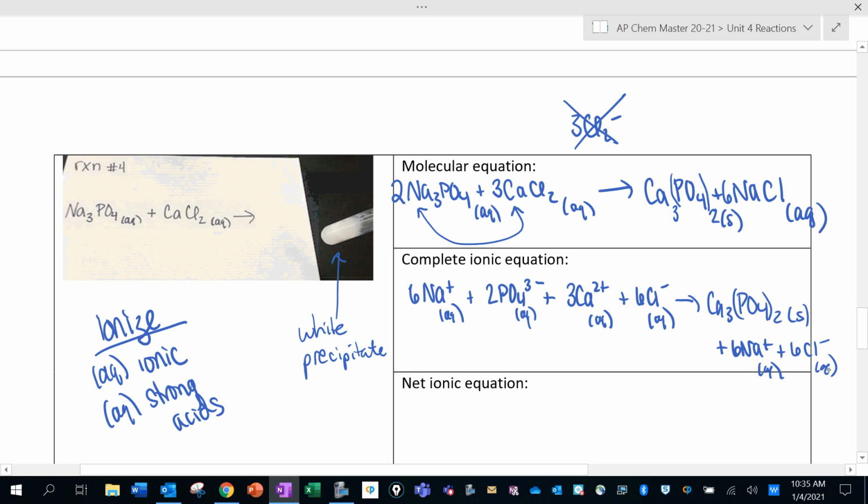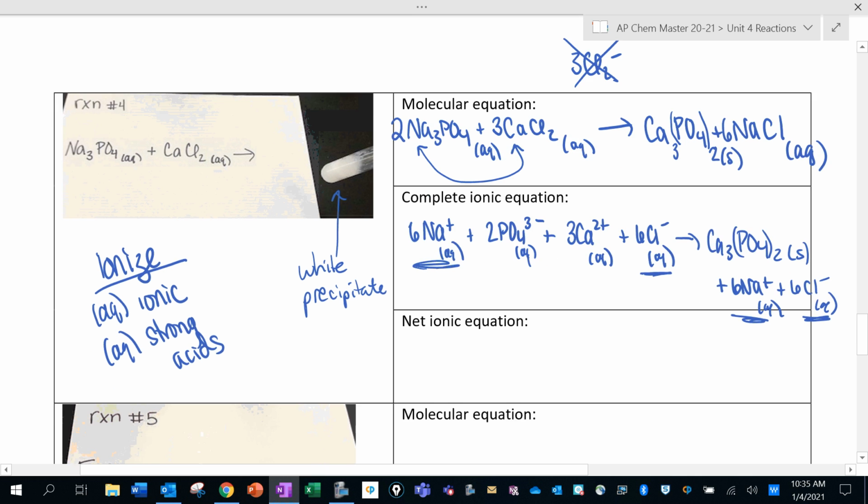So what we should notice here is that our spectators are sodium and chloride. So our net ionic equation is just going to include the ones that are left over. So I got 2 aqueous phosphate ions and 3 aqueous calcium ions combining to form solid calcium phosphate. And that's my net ionic equation.